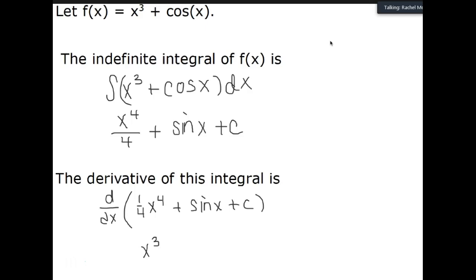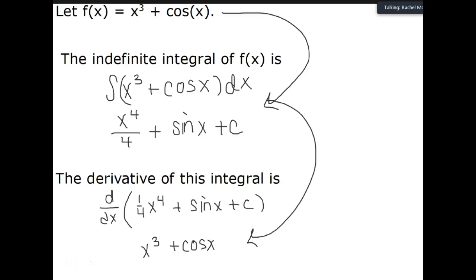The derivative of sine x is cosine x. And the derivative of any constant is always 0.